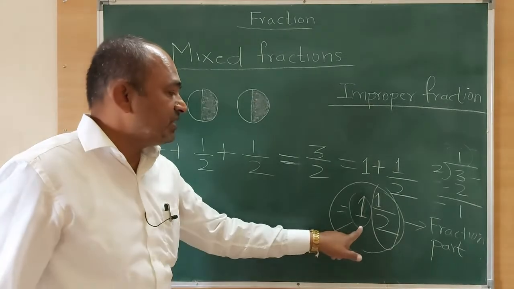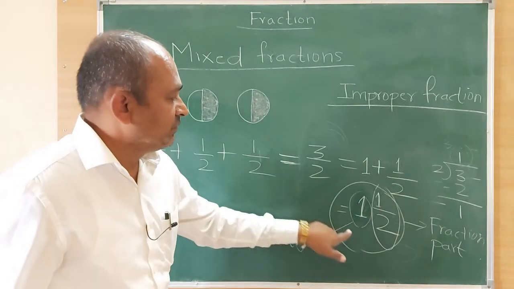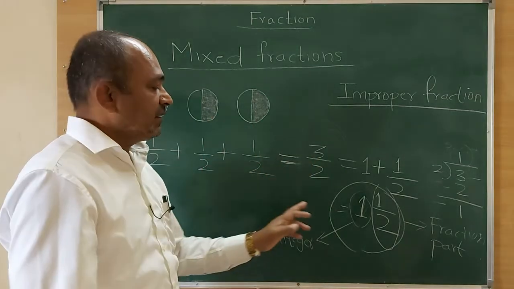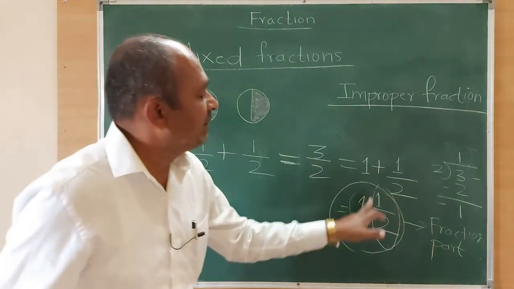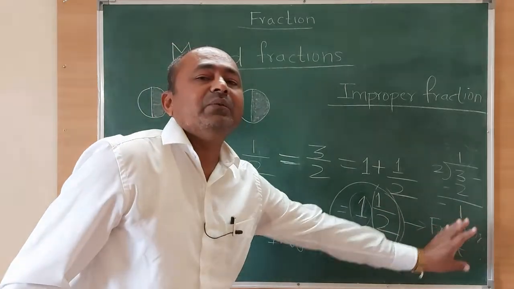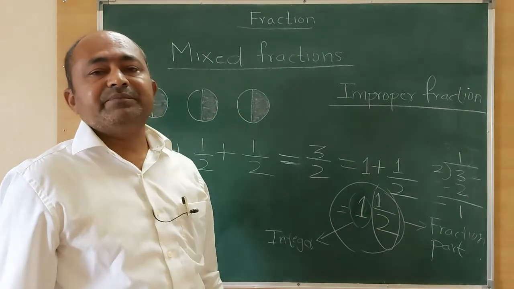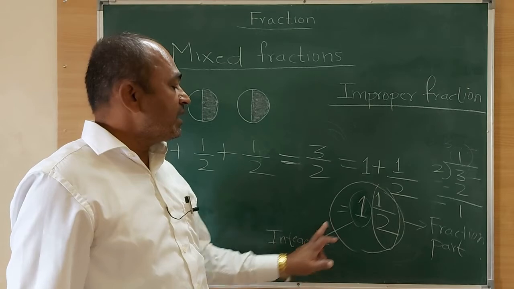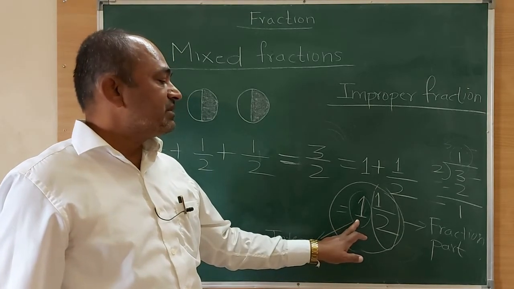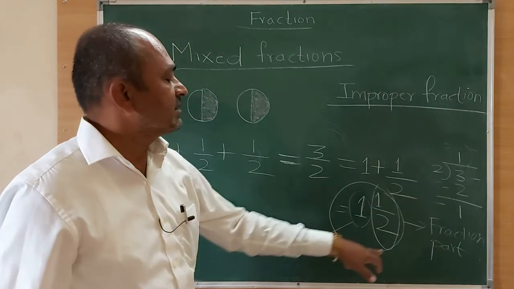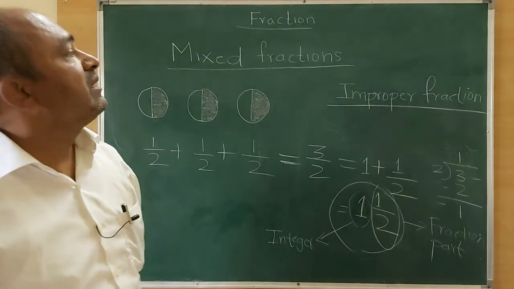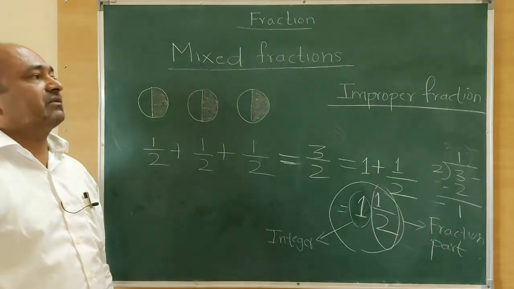They have an integer part, meaning some whole parts, and after that there is a fraction part left. So 1 is an integer here and 1 upon 2 is a fraction part, and such fractions are called mixed fractions.